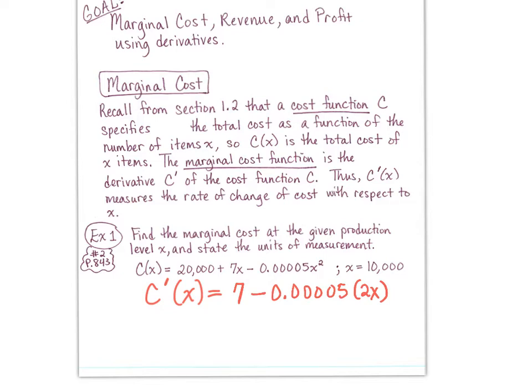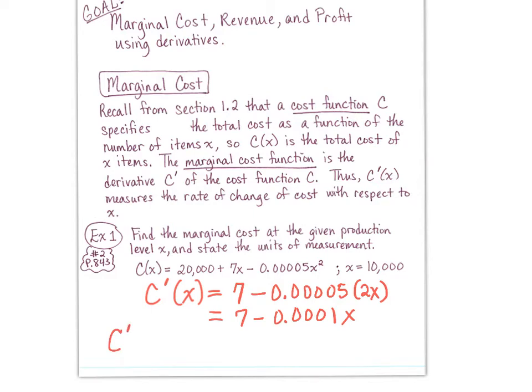So this is equal to 7 minus 0.00005 times 2x, which is negative 0.0001x.